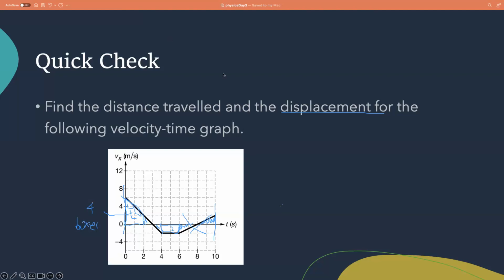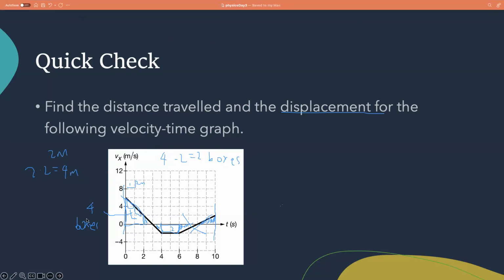What that means is that in total we have 4 minus 2, which is 2 boxes of displacement. Each box here is 1 second by 2 meters, so each box is 2 meters. So 2 times 2 is 4 meters of displacement.